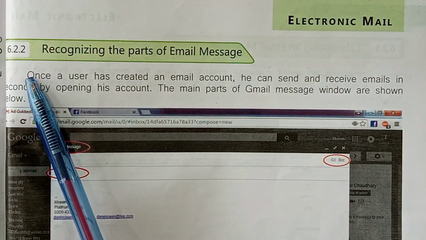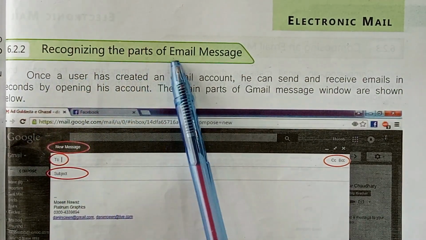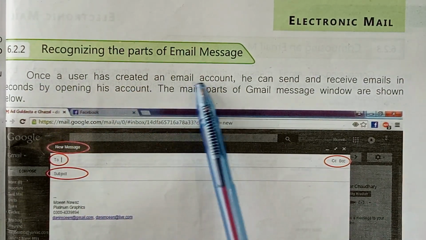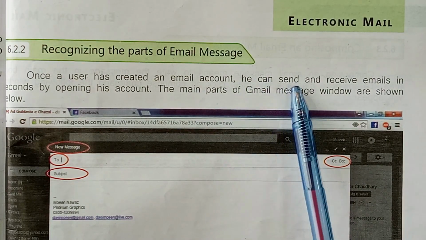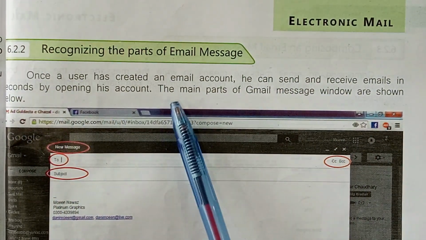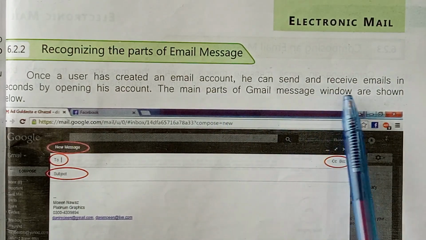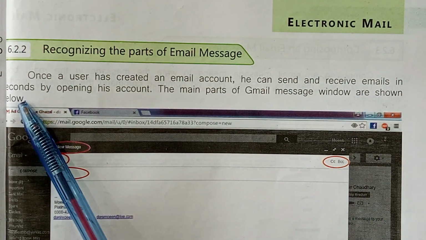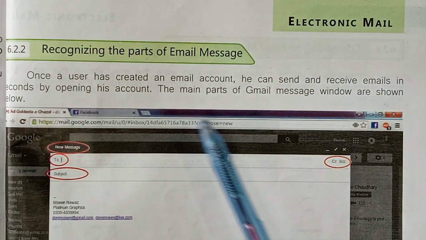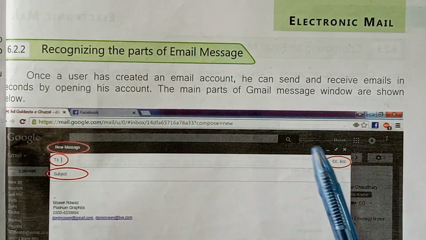Topic 6.2.2, recognizing the parts of an email message. Once a user has created an email account, he can send and receive emails in seconds by opening his account. The main parts of the Gmail message window are shown below. Students, now you can send and receive emails in seconds.